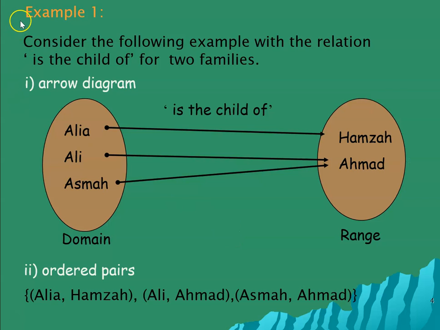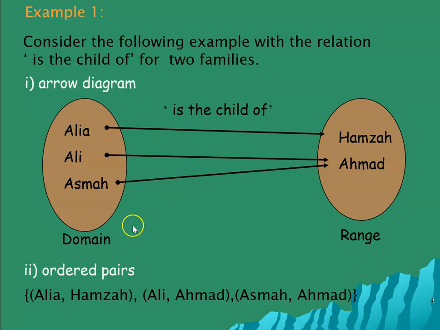Okay, so the first example, we consider the following example with the relation "is the child of" for two families. This is what we call an arrow diagram. You have the domain set over here, and you have the range over here. We see over here Alia is the child of Hamza. So Alia is the domain and Hamza is the range.